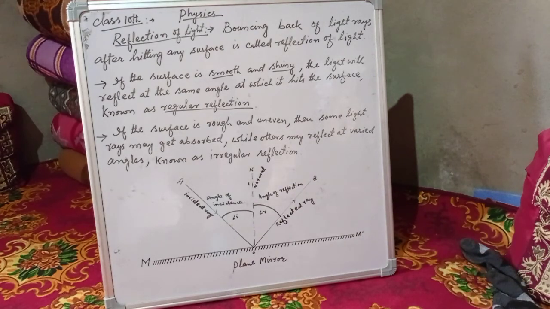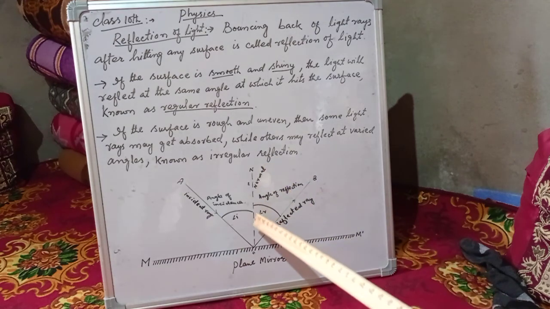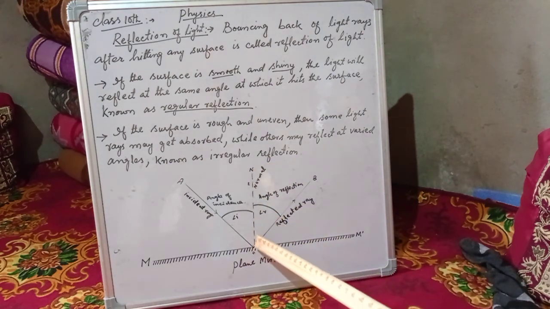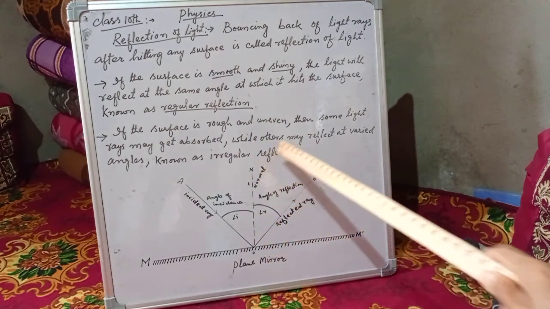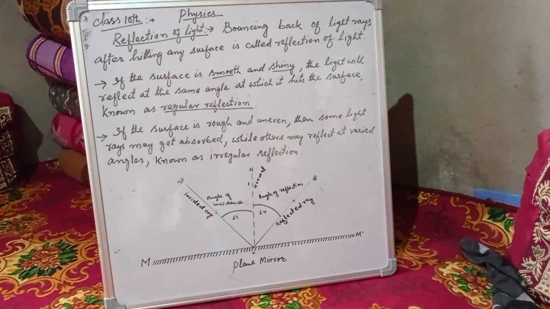Dear students, there is an imaginary line between the incident ray and the reflected ray, which is represented by this dotted line ON. So ON is an imaginary line which is termed the normal. In other words, the normal is an imaginary line that is drawn at the point of incidence at right angles.